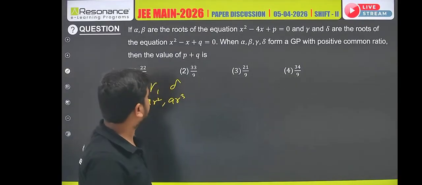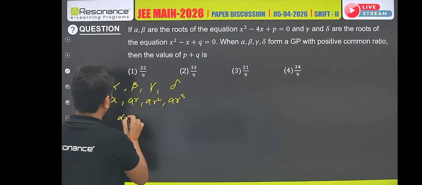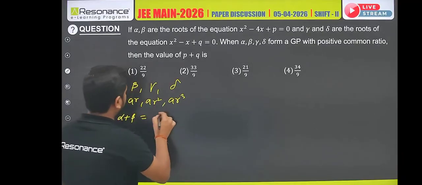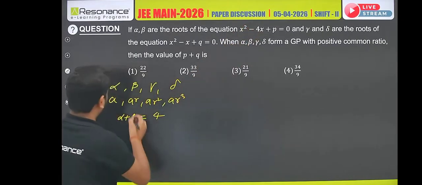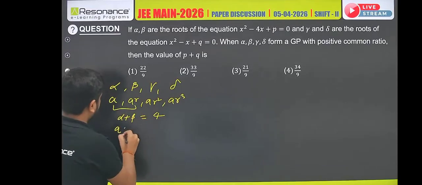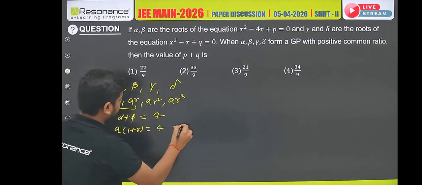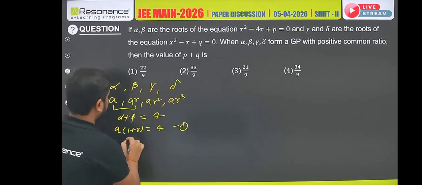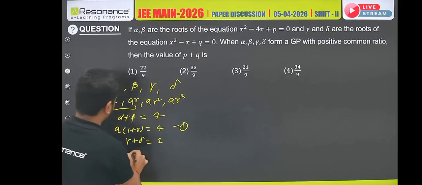And from the relation you can get alpha plus beta is equal to how much? 4 from the first. And so A into 1 plus R is equal to 4. This is your first equation. Now from the second, you will get gamma plus delta is equal to how much? 1.